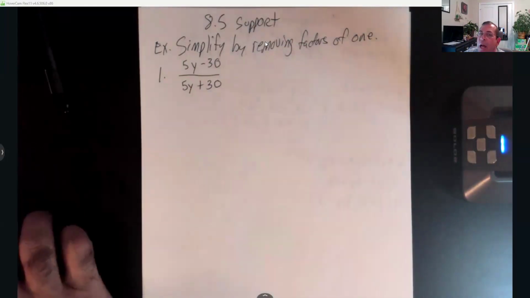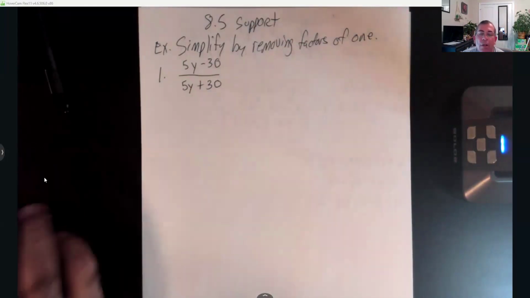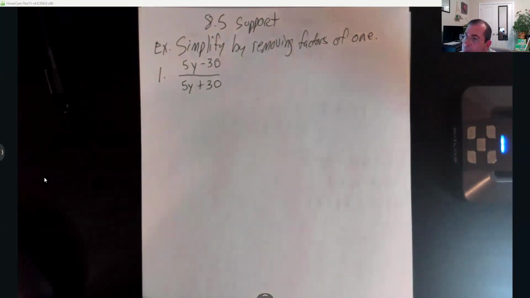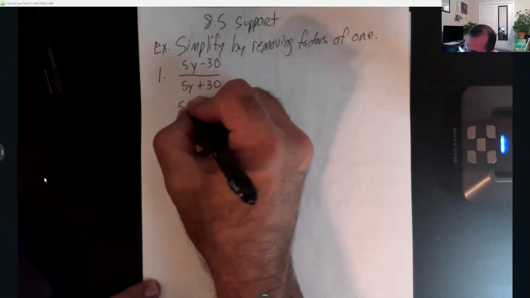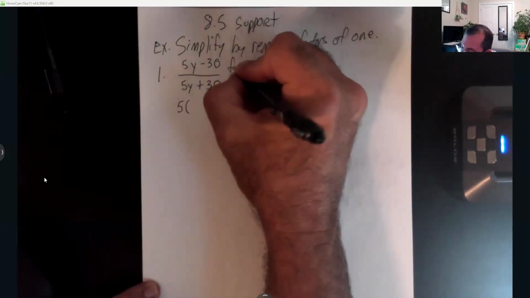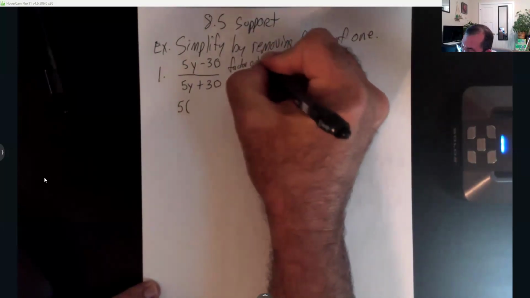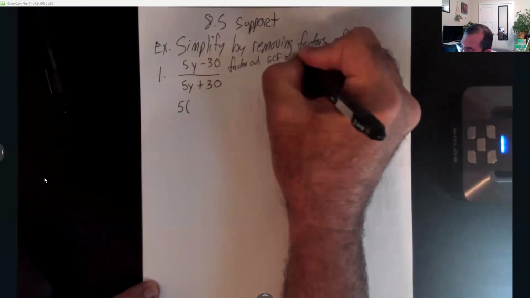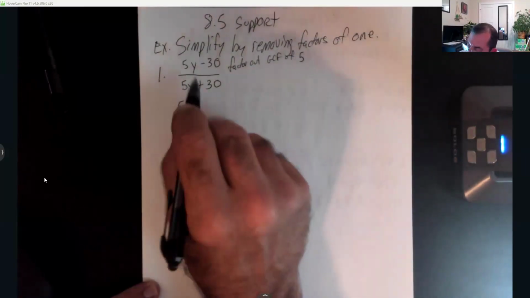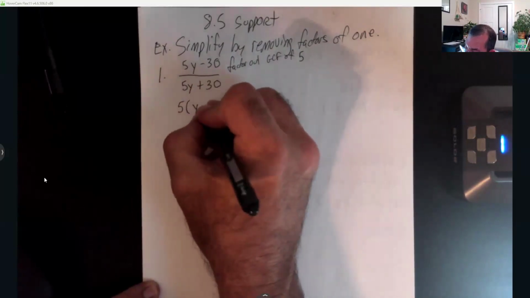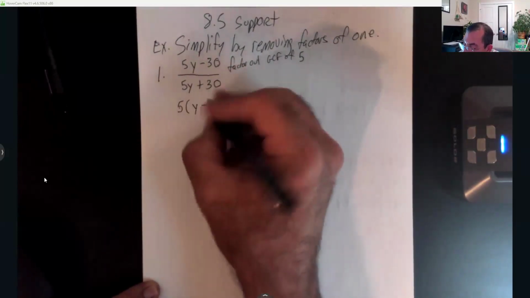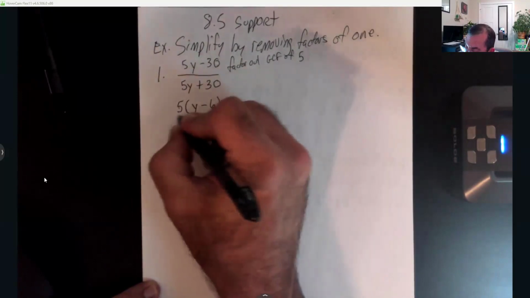So it's like doing the 5-1 support, but here you're factoring top and bottom, okay? So on top, I'm going to factor out a GCF of 5. Well, 5y divided by 5 leaves you a y, minus 30 divided by 5 is 6.